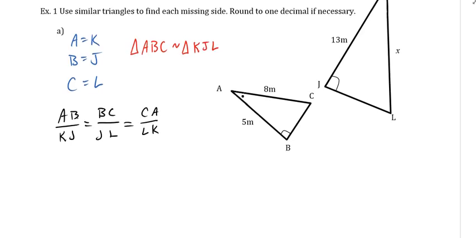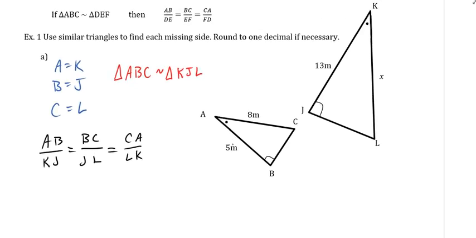And now what do we do? We sub in. So where's AB? AB is 5 over KJ, which is 13. BC is unknown, so I'm just going to leave that as BC. JL is also unknown, so I'm just going to leave that as JL. CA is 8.